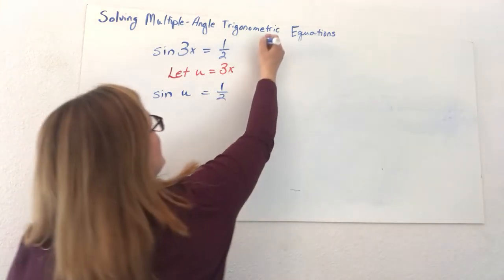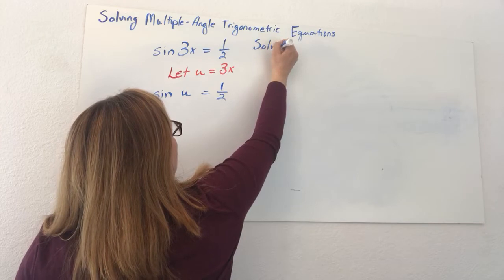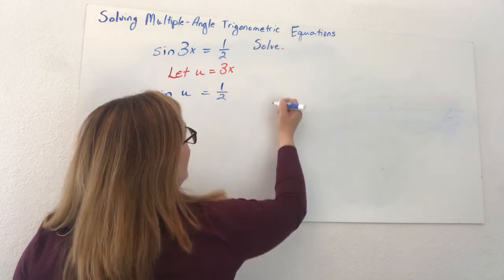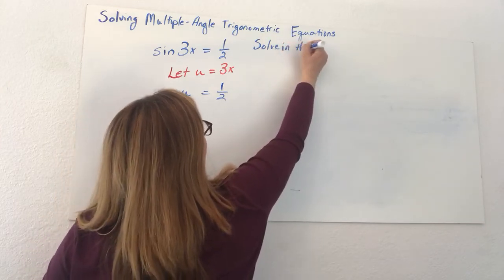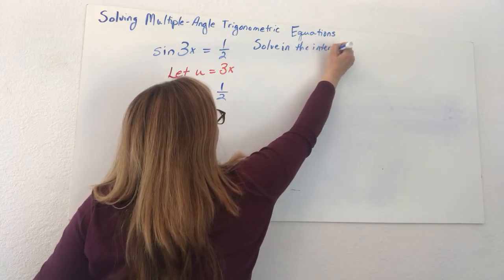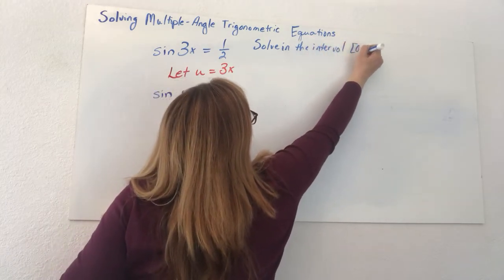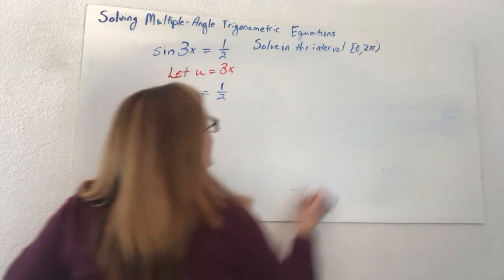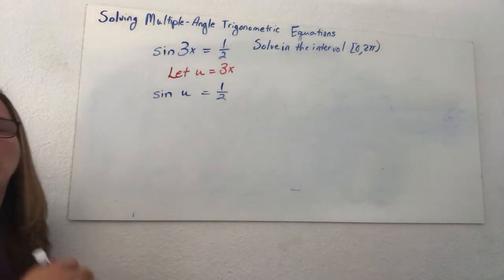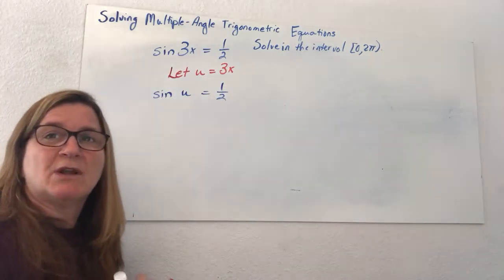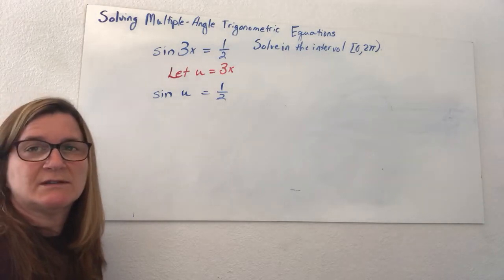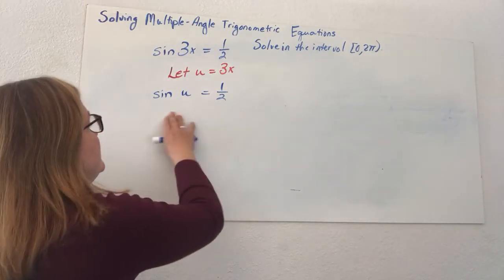And the directions were solve in the interval 0 to 2 pi. We know there are an infinite number of solutions, but I'm interested in the solutions between 0 and 2 pi. So let's continue here.